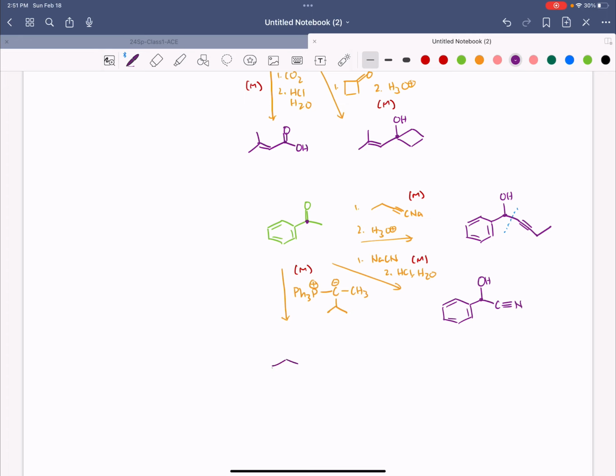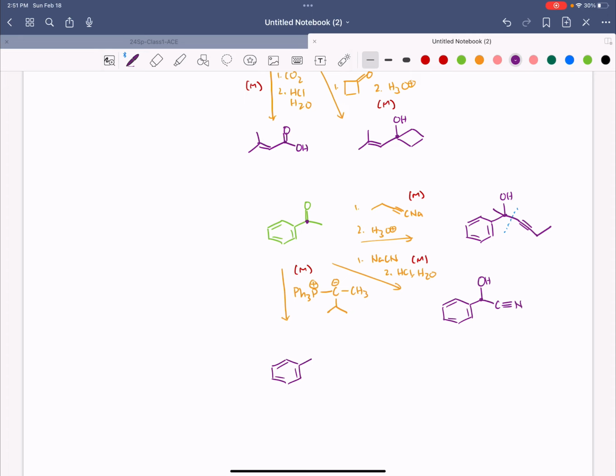Draw one of them, either the ketone or the Wittig reagent, but I like the ketone. Draw the ketone first. Oh, did anyone catch that mistake in the previous 2 reactions? See this right here? You can draw it in any direction.